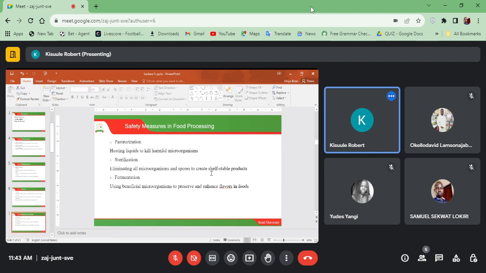We believe that exposing the foods to high heat for little times will help us denature the microbes that are growing, or the bacteria that are in the particular food.